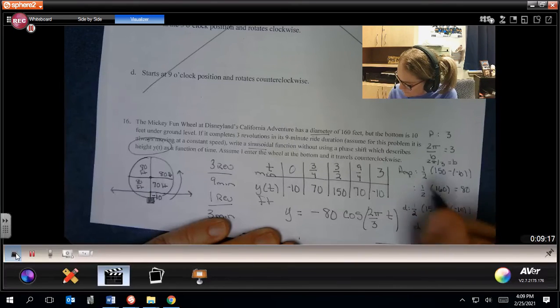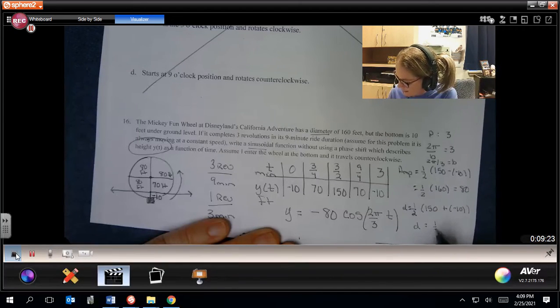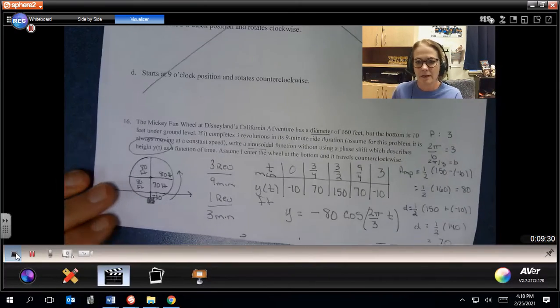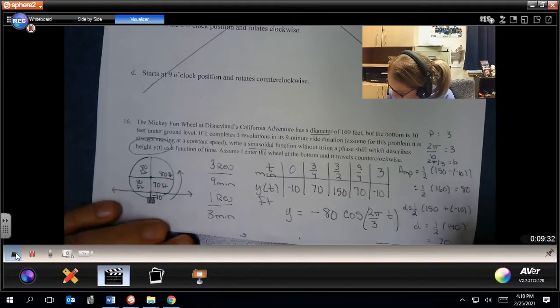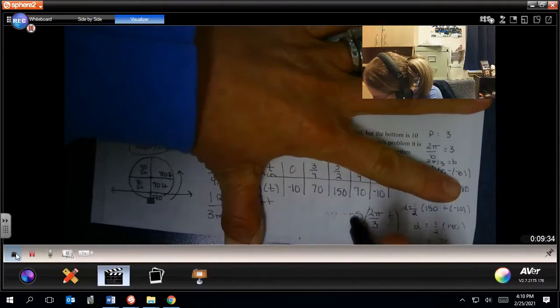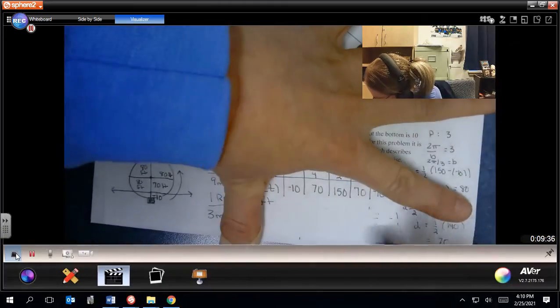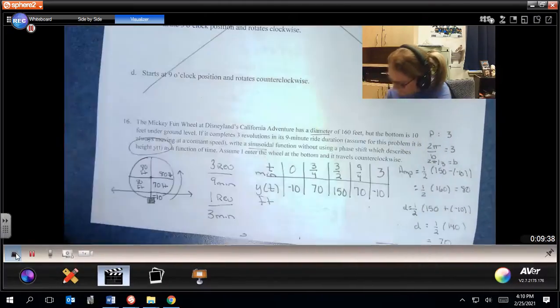And so this D value is going to be 1/2 of 140, which is 70. Okay, so let's tag that on the end. Another newsflash, everybody. The vertical shift is the same as the midline that you see.